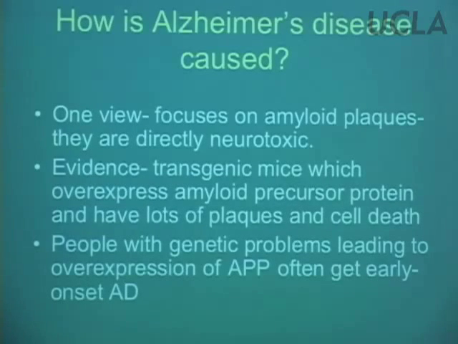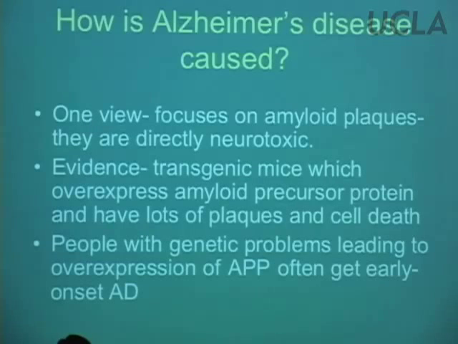The idea is that because there's a problem with processing the amyloid precursor protein and breaking it down into these amyloid fragments, they clump, and the amyloid plaques are directly neurotoxic. Remember, the problem with Alzheimer's disease is not that you have this gunk in your brain, it's the cell death. That's what's causing the cognitive problems. And these plaques appear to be directly neurotoxic.